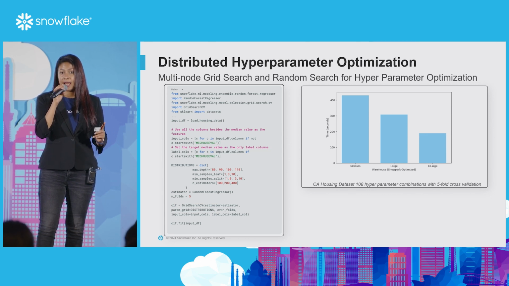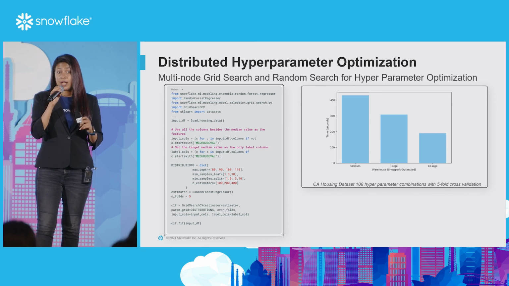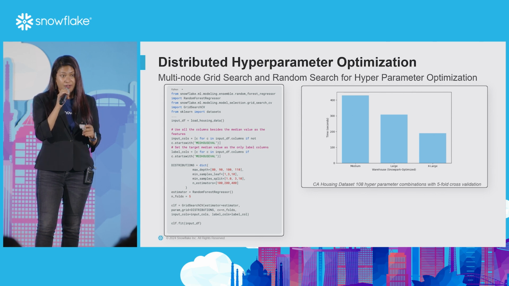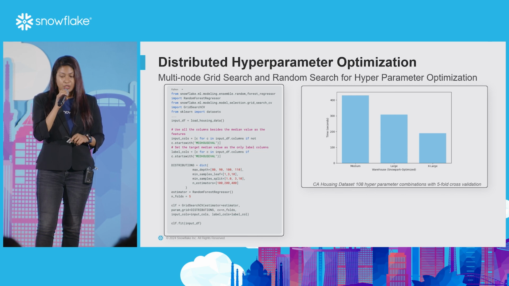It's just one line of code for your grid search, but we will automatically distribute it. And on the bar graph, you can see that if you want much faster execution, you can increase the warehouse size from medium to X large, and the time for execution goes down significantly when choosing an extra large.